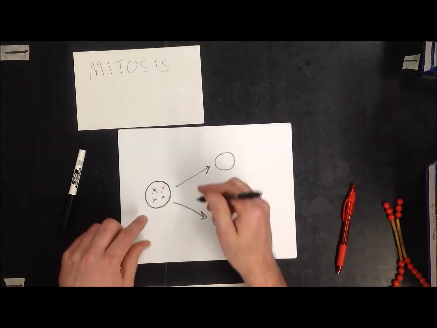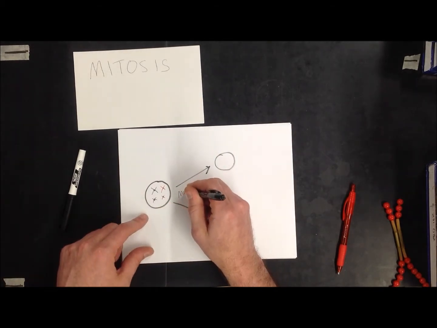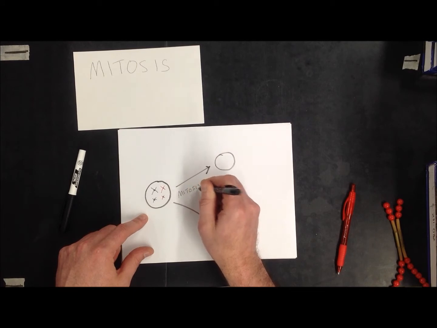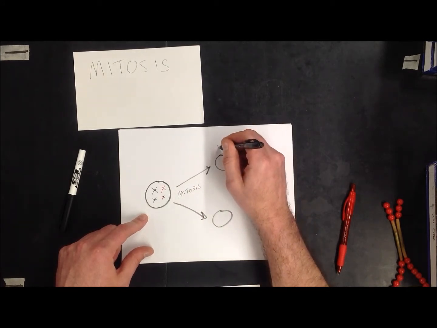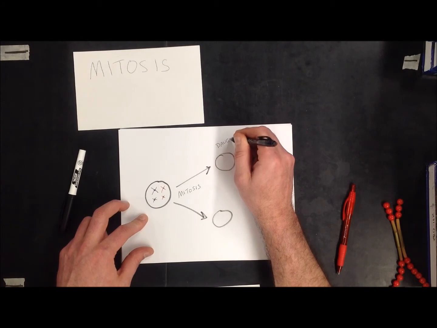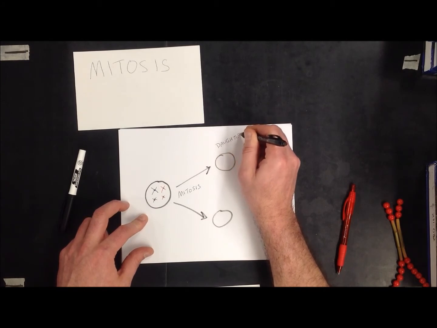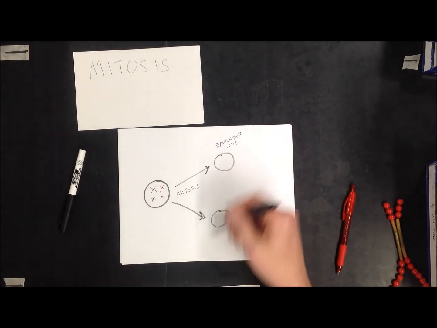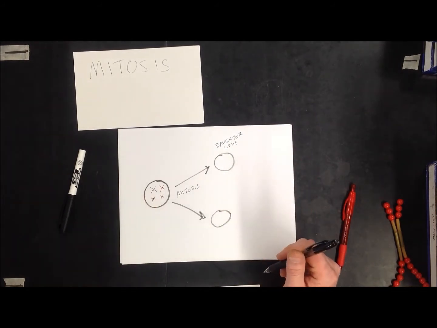Then what happens is after we have mitosis, the result is going to be two daughter cells with nuclei that are exactly the same as this.